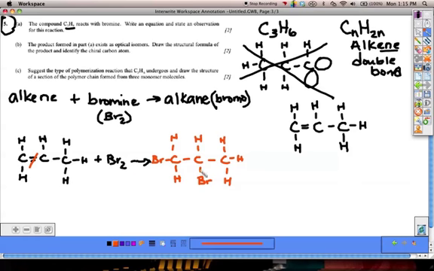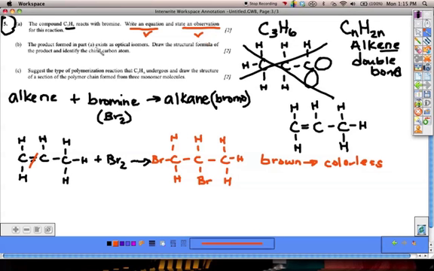So 1 bromine went on each side of the double bond. The observation that we would see is that we would go from brown to colorless. We want to make sure we answer all parts of the problem. So we wrote the equation and we stated an observation.